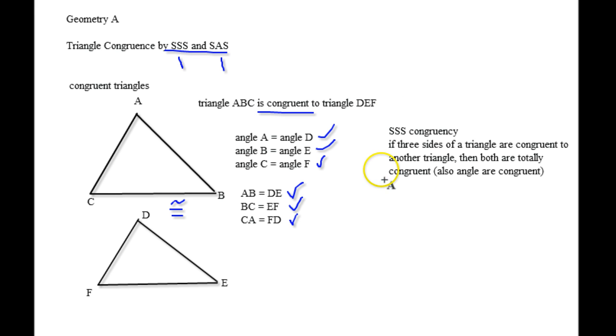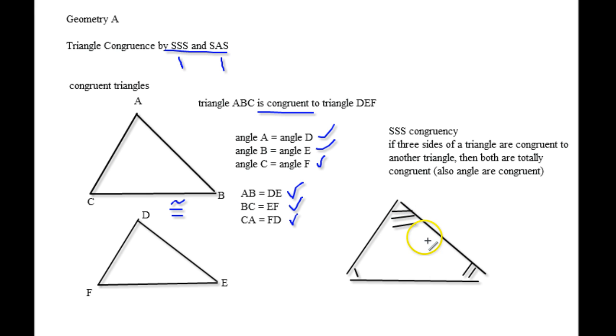So SSS congruency is you're seriously taking 3 fixed measurements and trying to manipulate them. So let's say we had these as fixed. No matter how I manipulate them, I'm going to have the same angles for both triangles, okay, so as long as you realize that, SSS congruency is really easy to work with.